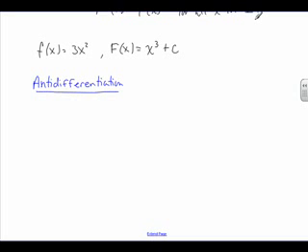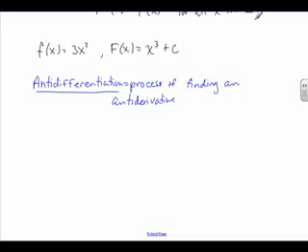Anti-differentiation is the process of finding an antiderivative. Anti-differentiation is also sometimes referred to as indefinite integration.